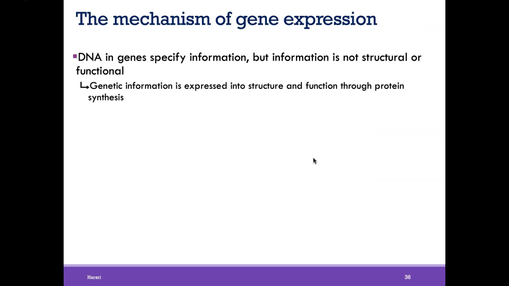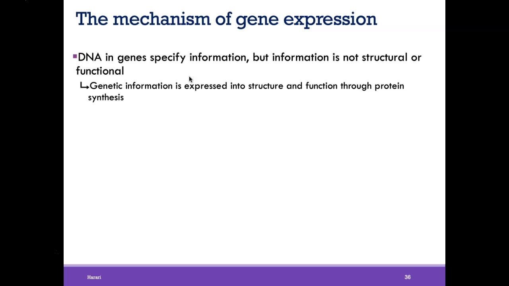In other words, the mechanism of how genes are expressed is that the DNA in genes specifies information, but the information is just digital, meaning it's made up of A's, T's, C's, and G's. The information is not structural or functional. You can't use DNA to do anything in the cell. It just has information, right?